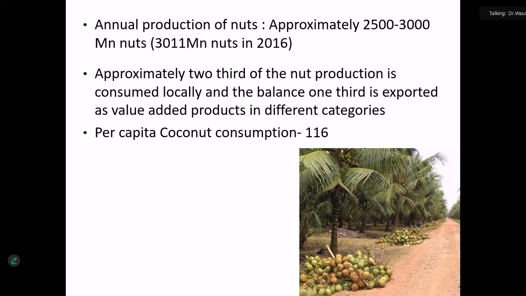What I am now trying to convince you is why Sri Lanka has a very low economic contribution. The answer is here. Our production is 2,500 to 3,000 million nuts. Per capita consumption is 116. What is per capita consumption?